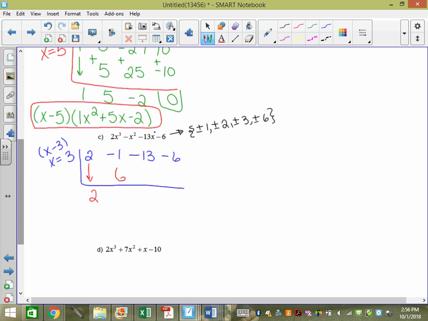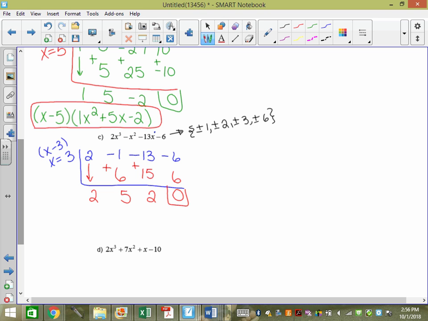And then we add. Negative 1 and 6 is 5. And then we multiply. 3 times 5 is 15. And then we add. Negative 13 and 15 is 2. And then we multiply. 3 times 2 is 6. And then we're happy because we're getting a 0.